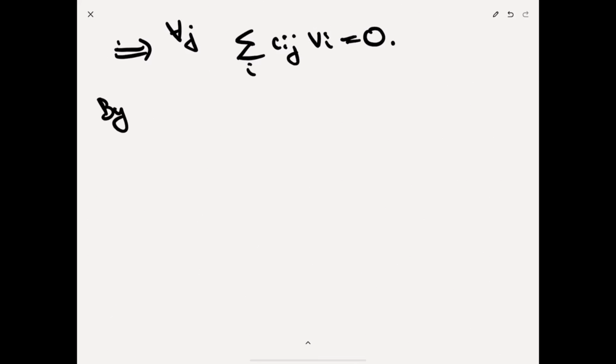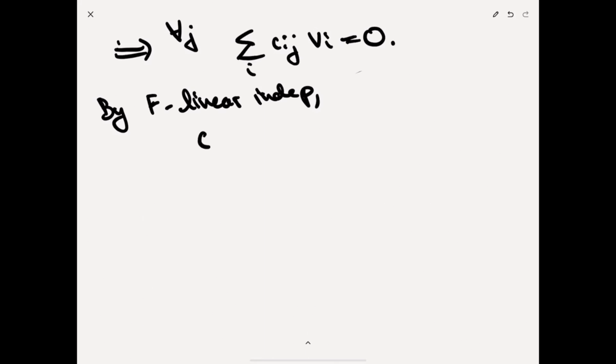By F linear independence of the Vi's, these Cij's need to be equal to 0.